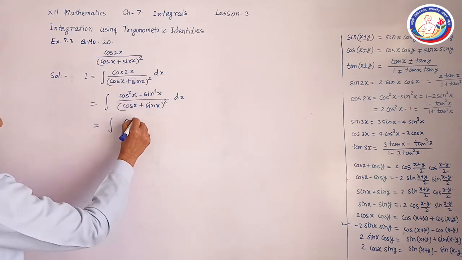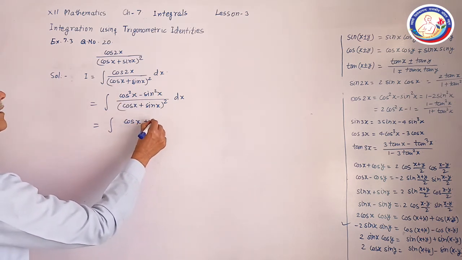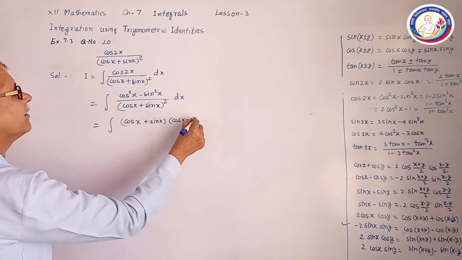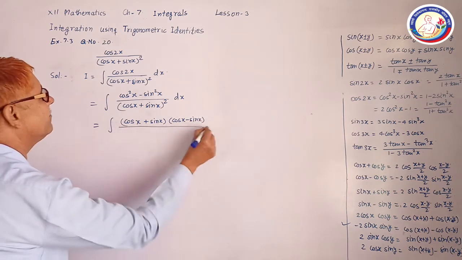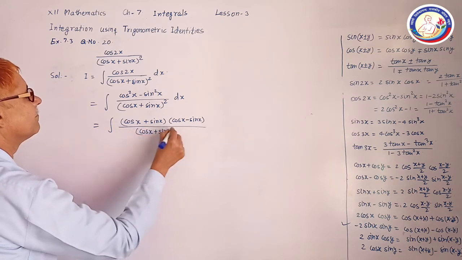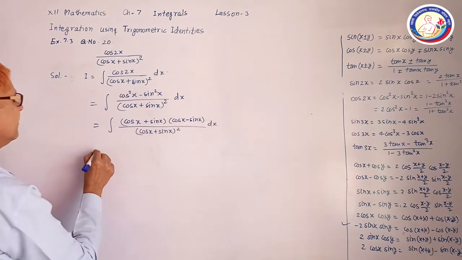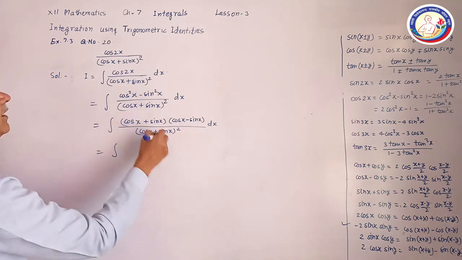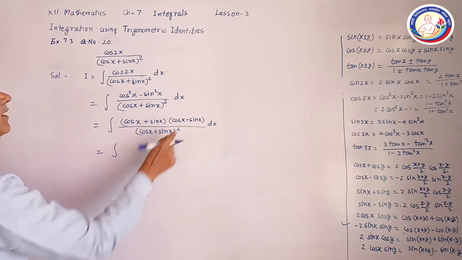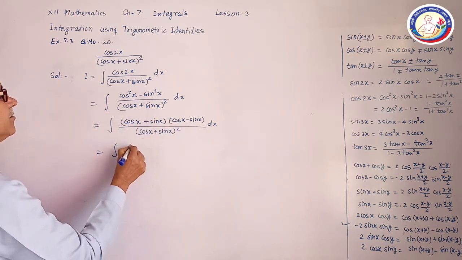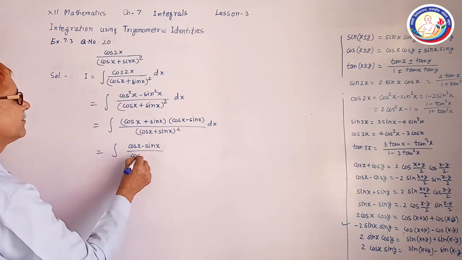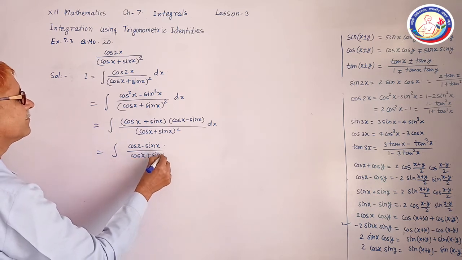So first the sum, cos x plus sin x, and then cos x minus sin x, divided by the whole square of this. This cancels one power, it is square and it is power 1, so one factor cancels and we will get cos x minus sin x divided by cos x plus sin x.